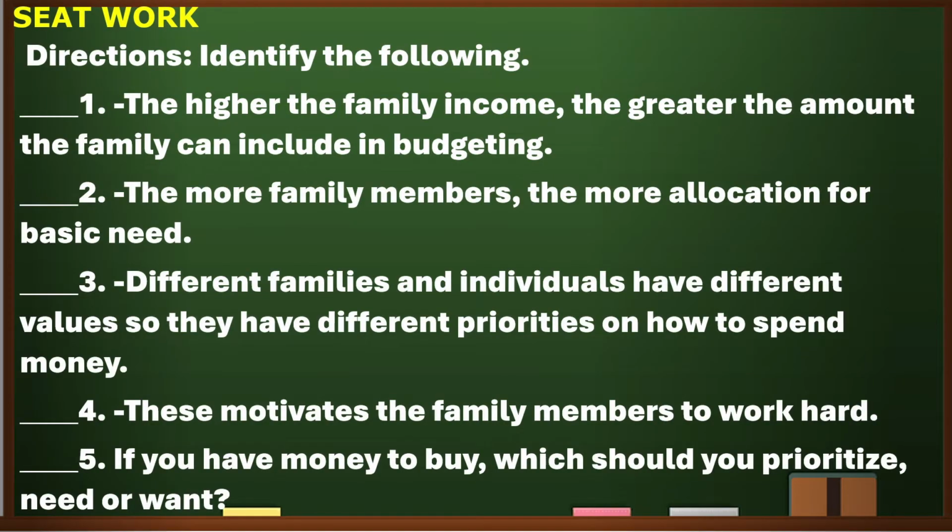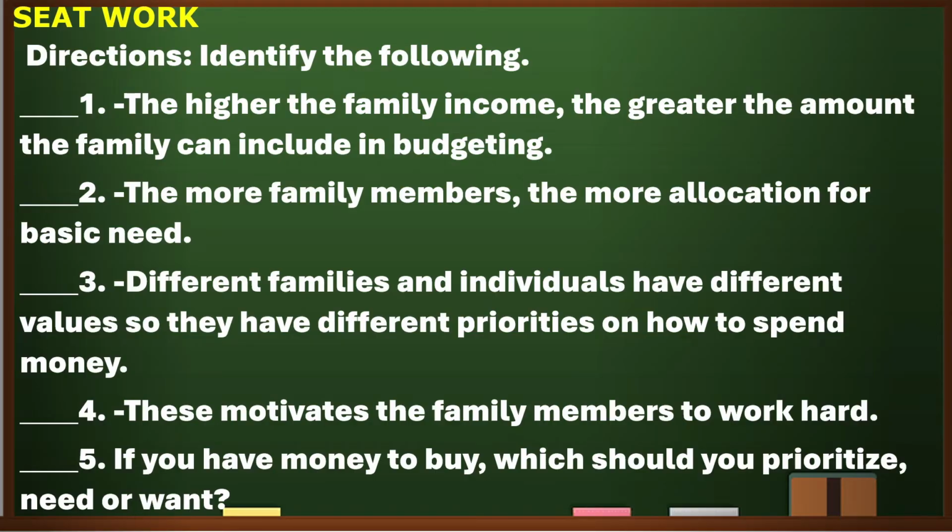Now for your seat work, identify the following. 1. The higher the family income, the greater the amount the family can include in budgeting. 2. The more family members, the more allocation for basic need. 3.